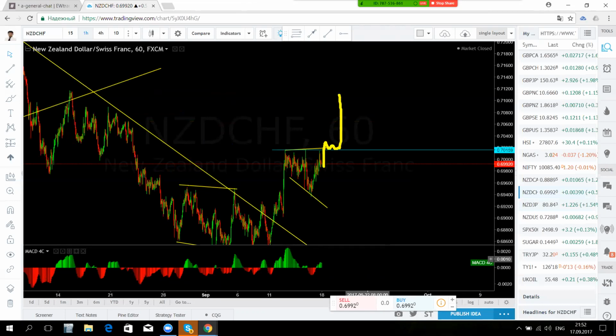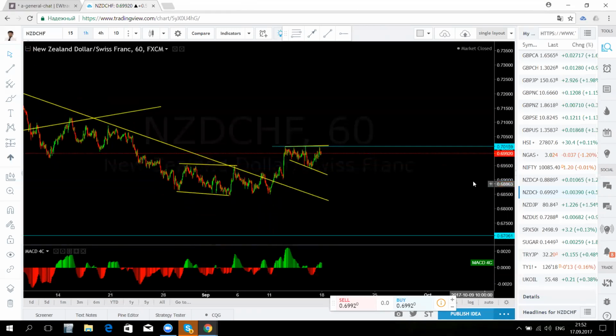To the downside, they could come back here, but I don't think you want to sell it. This might not give you a good sell. Wait for that breakout to the top, because this is a big consolidation that looks like it's going to go up. Within this consolidation, there's a chance they can come back here. If you get that trade, it will have to be very fast. In and out, take profit. But the bigger trade is to the upside, as you can see, right?